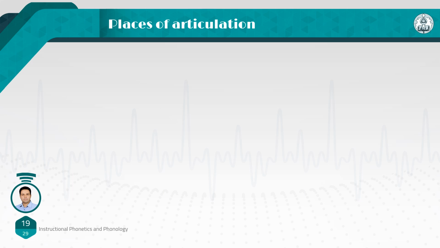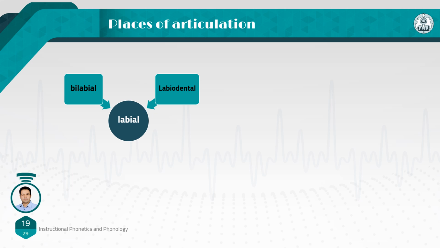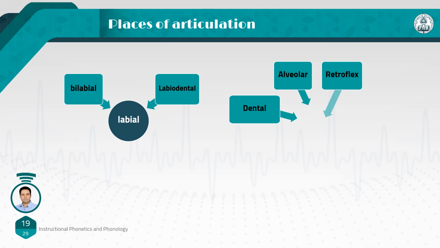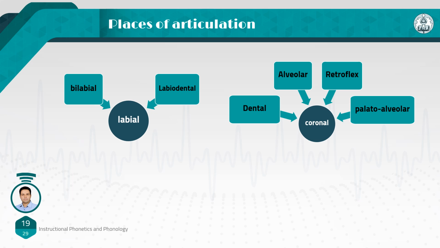As you can tell from the descriptions of these articulatory gestures, the first two, bilabial and labiodental, can be classified as labial, involving at least the lower lip. The next four, dental, alveolar, retroflex, and palatoalveolar or postalveolar, are coronal articulations with the tip or blade of the tongue raised, and the last is velar.